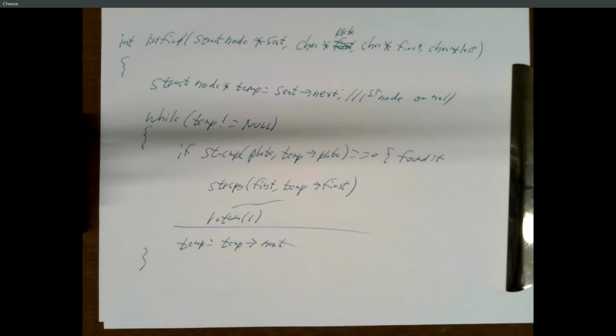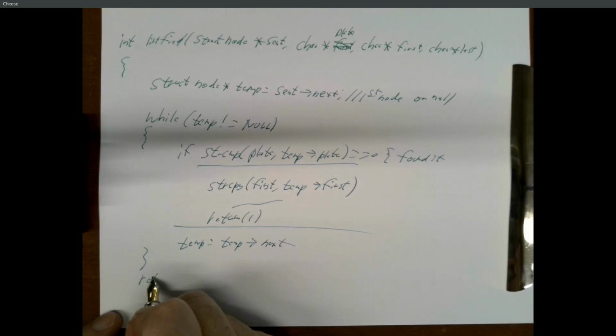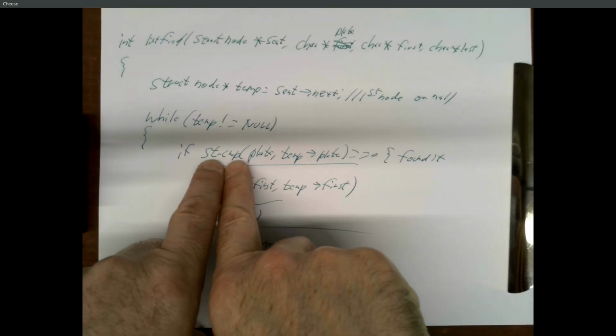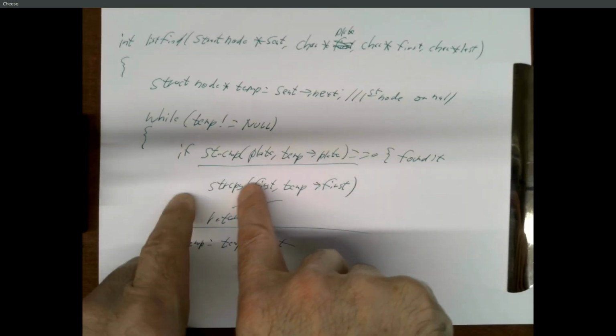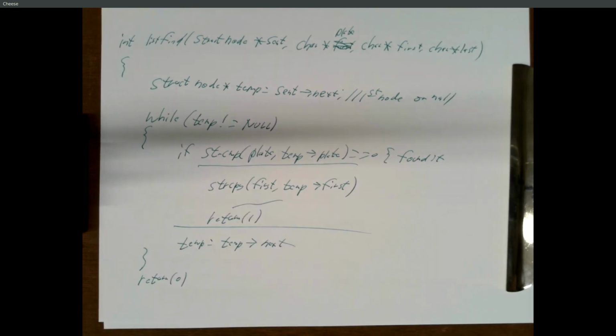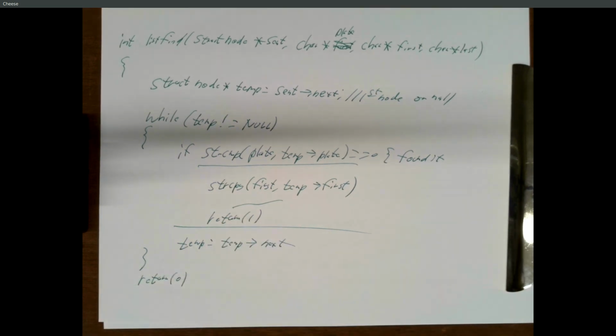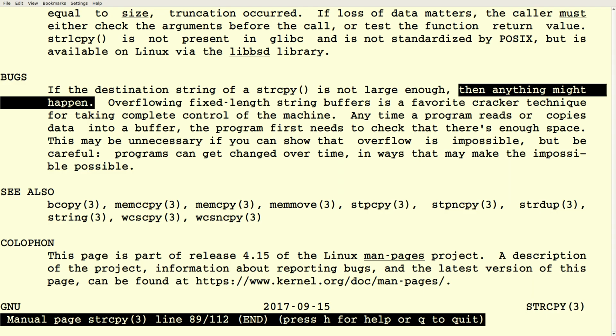If you come out of the while loop, you did not find a place where the plate matched, so just return a 0, and you're done. So it's pretty much the same thing as your search function for PA2, except you're using string compare, and instead of just seeing if this was in here, we have to actually populate the first and last fields using string copy.